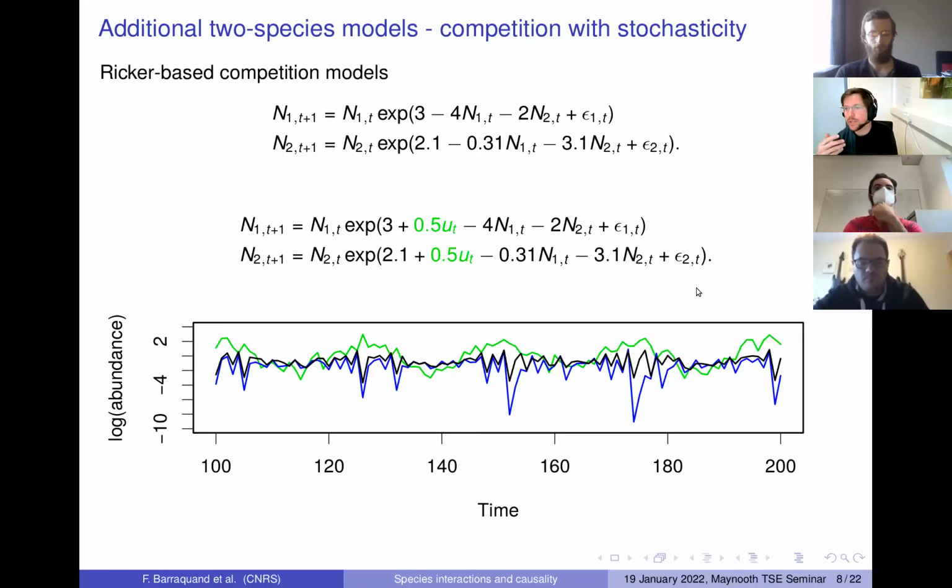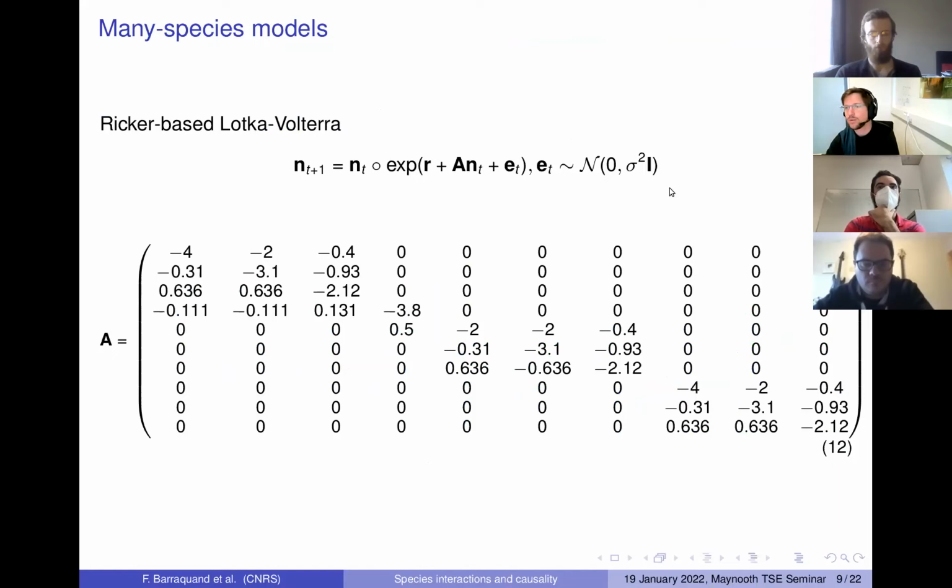So you can think of it as a confounding variable. And of course, we consider all of these models with interspecific interaction and without interspecific interactions to be able to evaluate for false positives.